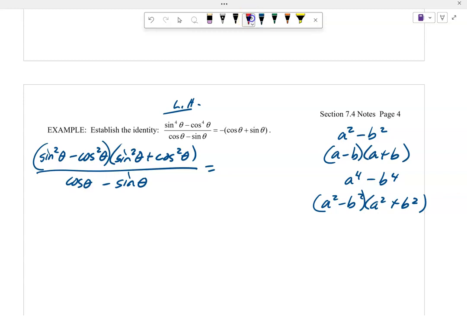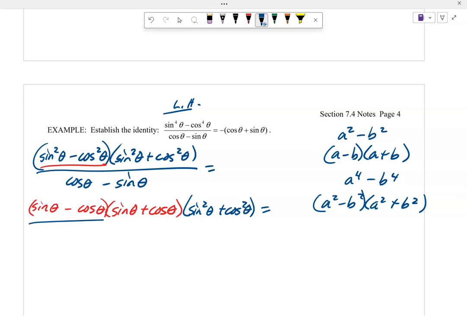Now this sine squared minus cosine squared, this is still difference of squares, so I can still factor that. Sine minus cosine, sine plus cosine. And I still have sine squared plus cosine squared. And then the denominator, I still have cosine minus sine.